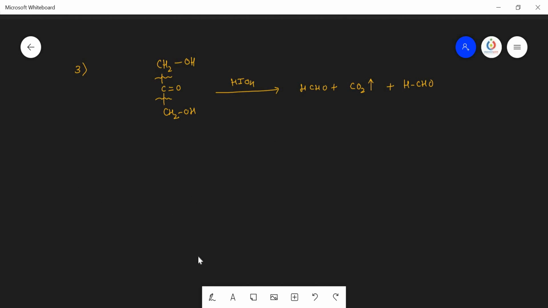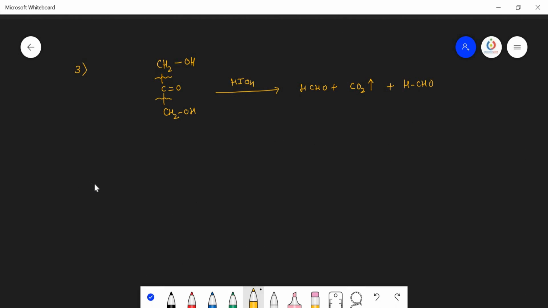Now again let us modify this molecule, the third molecule: CH3, CH, OH, C double bond O, CH2, OH. So HIO4. Again what to do here?